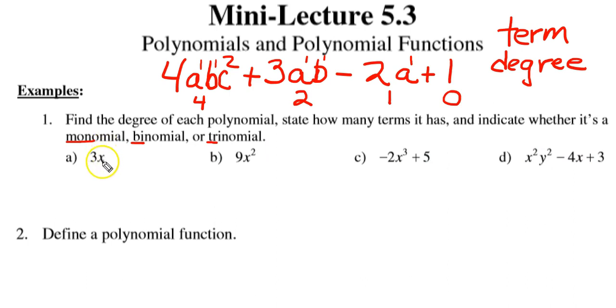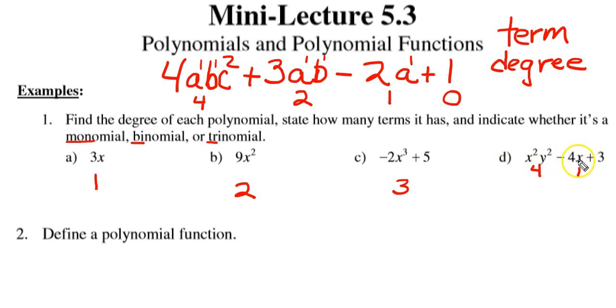Well, the degree of this term, we said then, would be 1. This would be 2. This would be 3. Now this one is 4, and this one is 1. So the degree of the term would be 4.